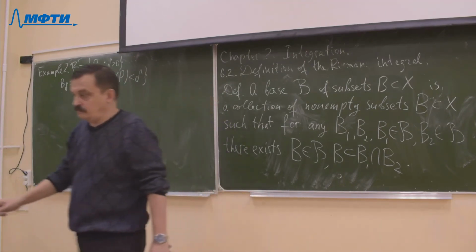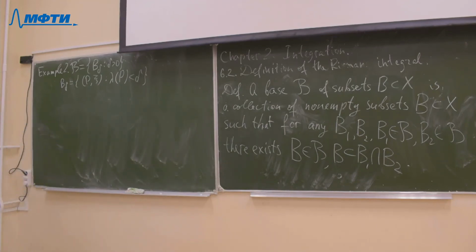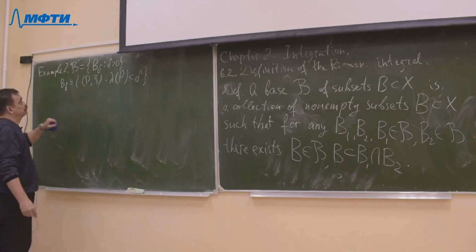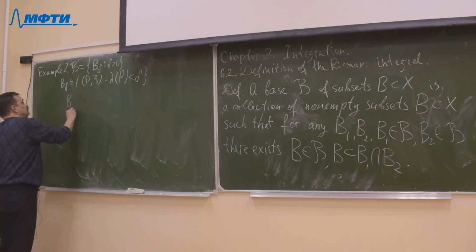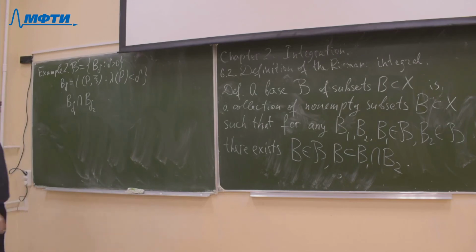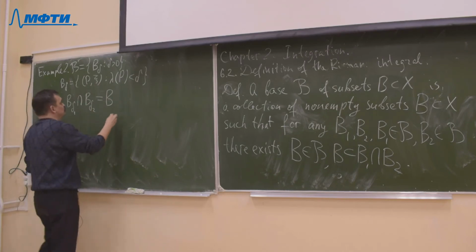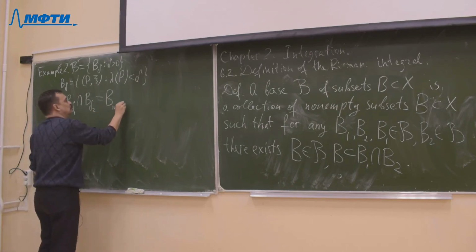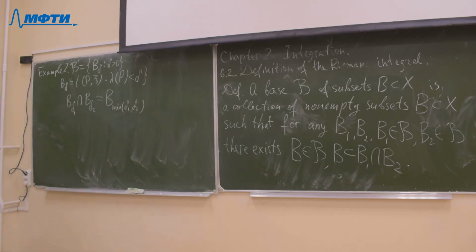So, why is this a base? Because look, if we take B delta 1 intersected with B delta 2, then once again that consists of all tagged partitions with norm less than the minimum of delta 1 and delta 2.